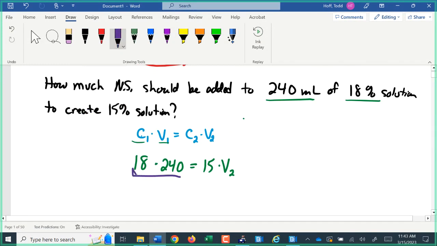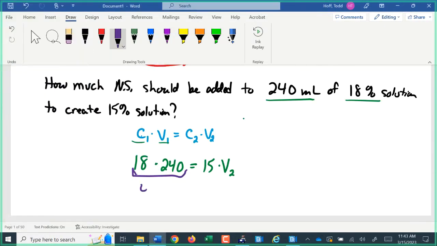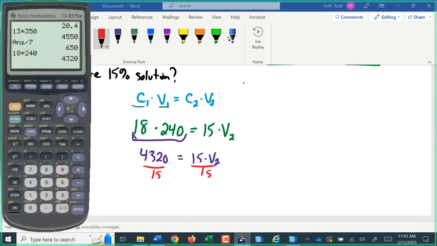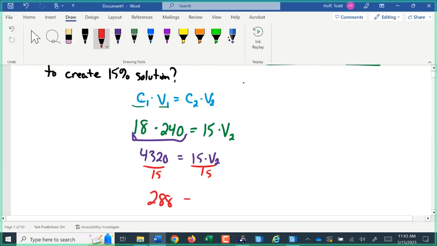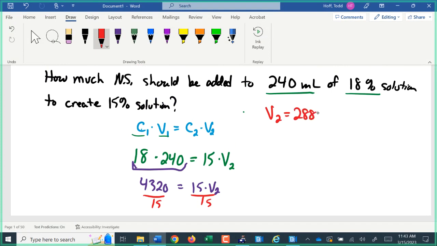We combine 18 times 240, 4,320, equals 15 times V2, and we divide by 15. 4,320 divided by 15, we get 288 is V2. Now, this is where we had to be careful to make sure we've answered the question. Volume 2 is 288 milliliters.